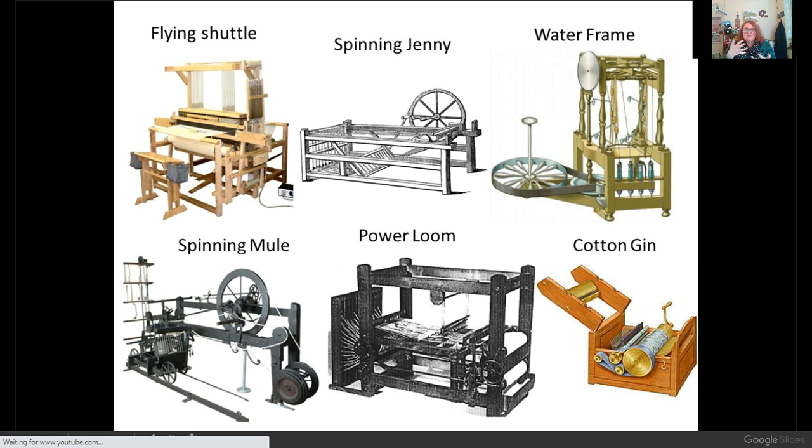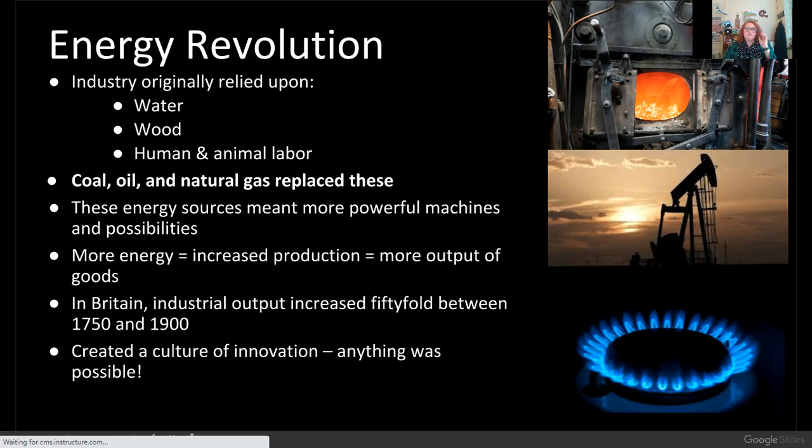From the cotton gin that made it possible to get cotton off of the plant without humans damaging their hands, all the way up to how to spin it into this tiny thread that makes cloth and blankets and so on and so forth. During the Industrial Revolution, what spurred and continued to fuel industrialization is that industry really heavily relied upon water, wood, and then human or animal labor.